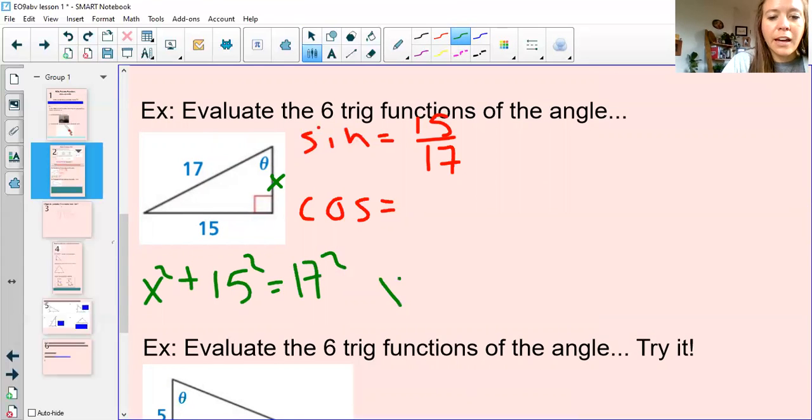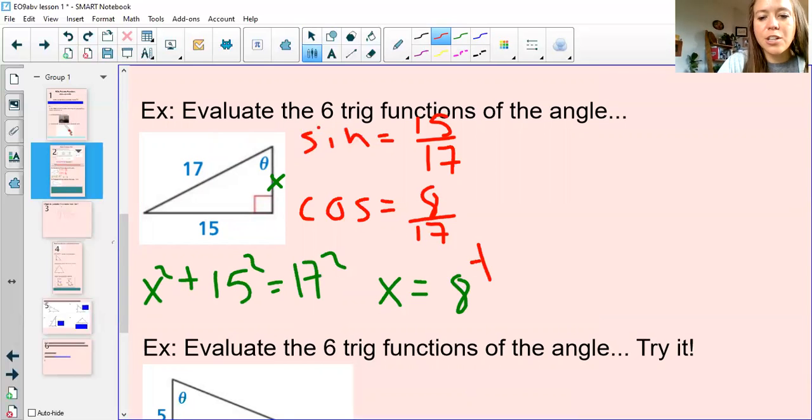When I solve that, x is equal to 8. So my cosine, adjacent over hypotenuse, will be 8 over 17. And the last one, my tangent, I'm going to do over the side so I can show my inverses. The tangent is opposite over adjacent, so 15 over 8.